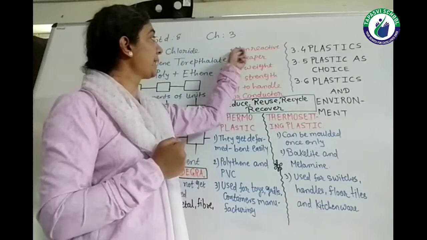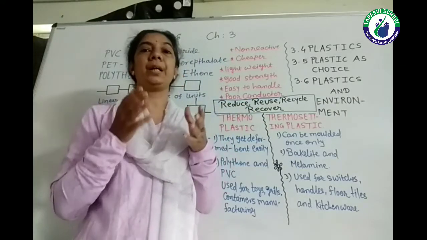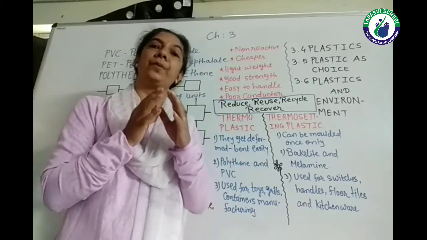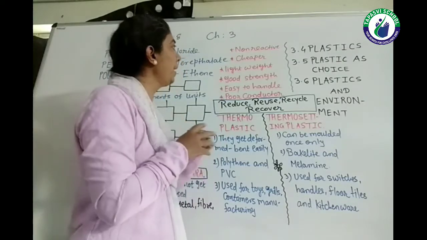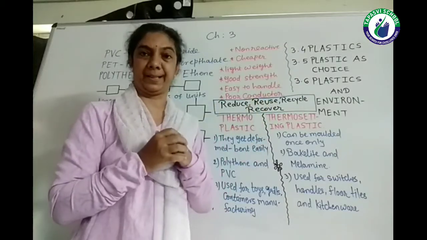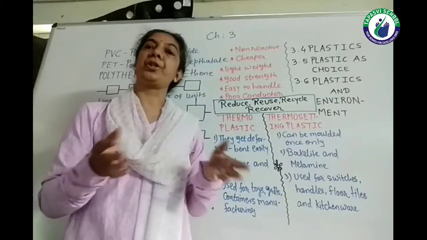So the plastic is non-reactive. Plastic is not giving any kind of reaction to the air or to the moisture or to any of the chemicals. So that is the first property that make plastic as our first choice nowadays. Second property, that plastics are cheaper.